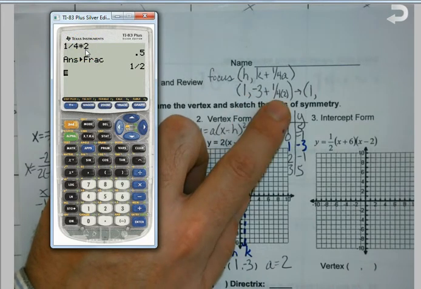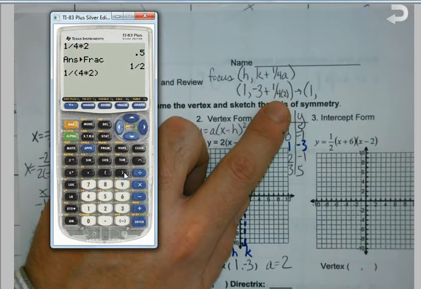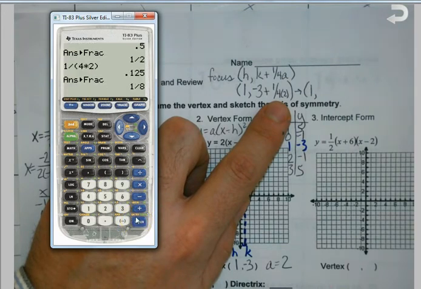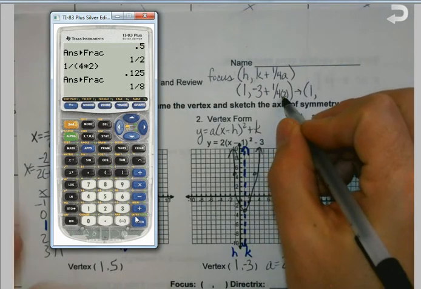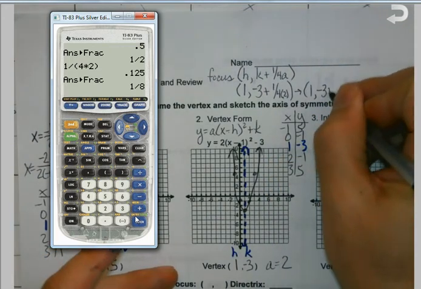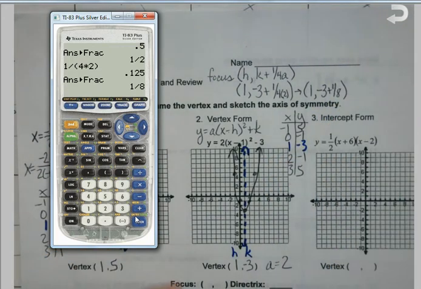I want this. So to get that the way we want, we do 1 divided by, and if you want the denominator to be done first, you have to put that part in parentheses. And again, we want the fraction. So that's 1/8. Now I'm not done. -3 plus 1/8.